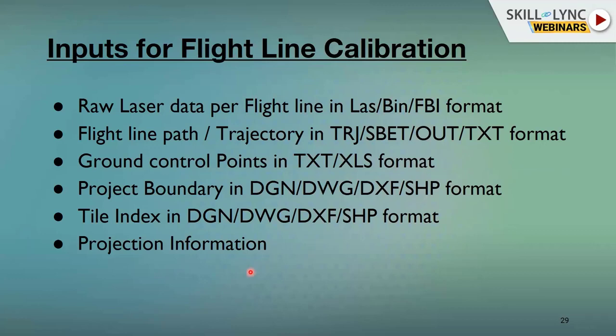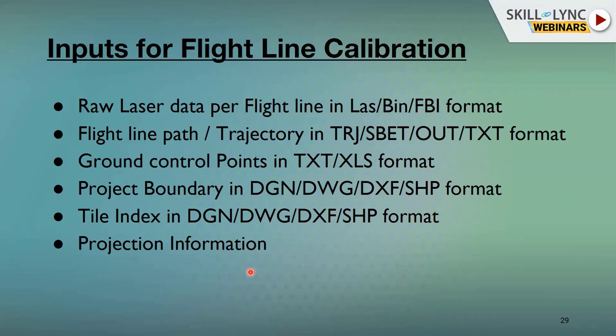All the projection information will be stored in the project boundary files, the trajectory files, and the tile index files, the small tile files. In all those files the projection information will be stored.